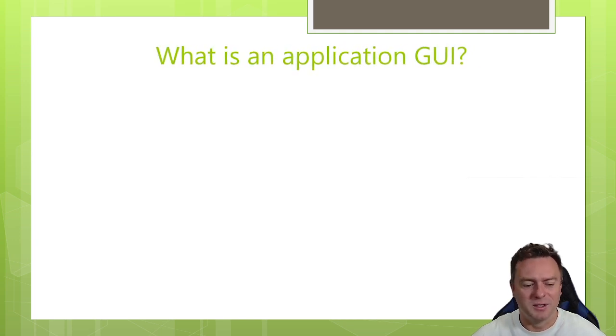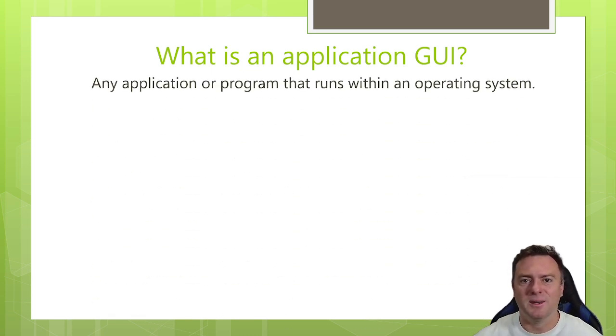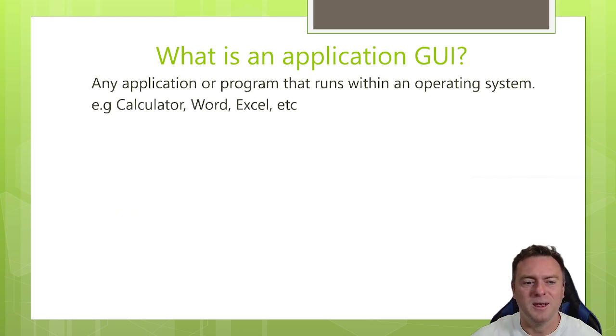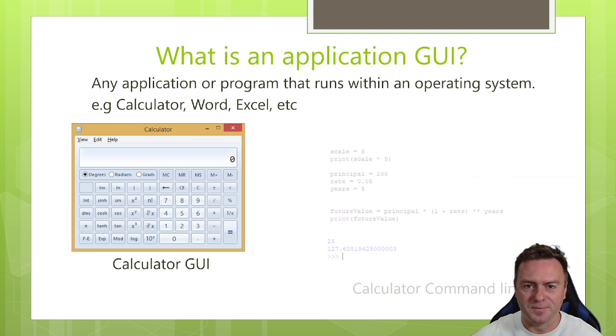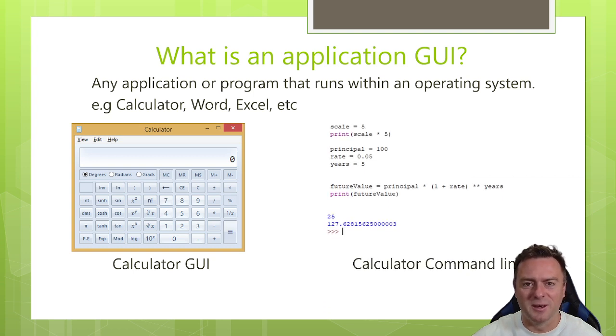What about application GUIs? That's probably what we're more interested in. Any application that runs with an operating system needs to have some files and different system things working behind the scenes. For example, a calculator GUI would look like this, whereas you can also do a command line calculator like what we've done in Python before.